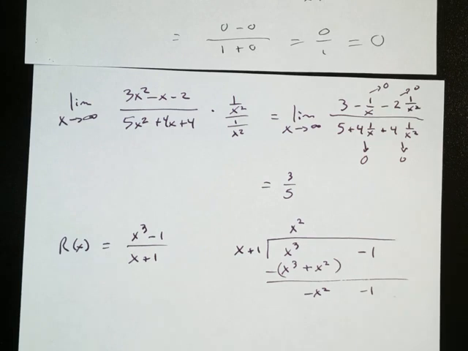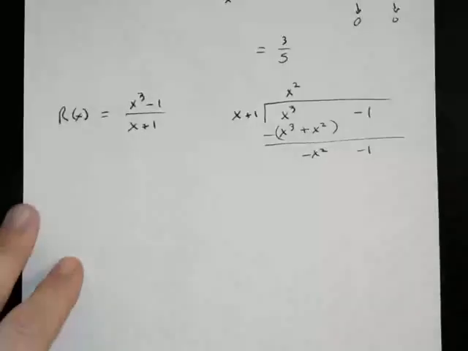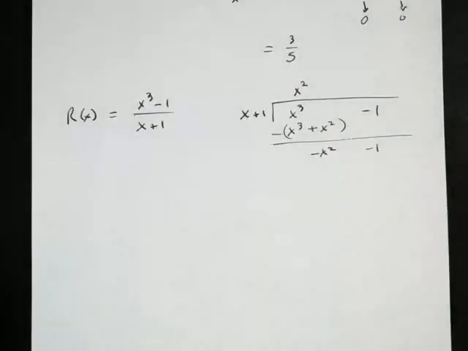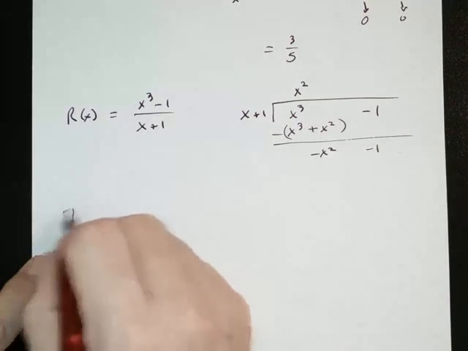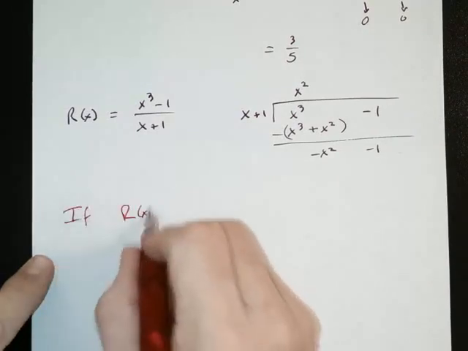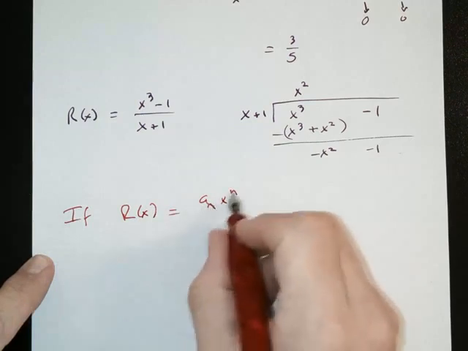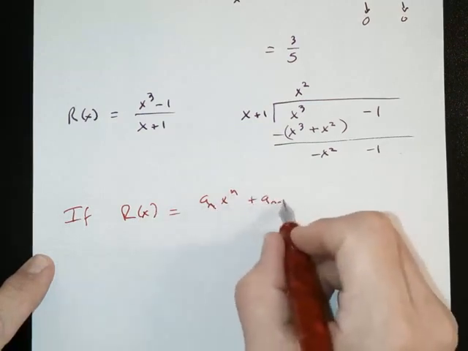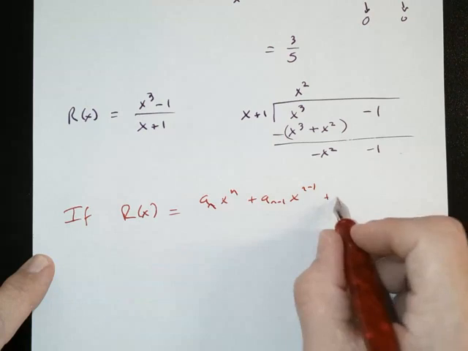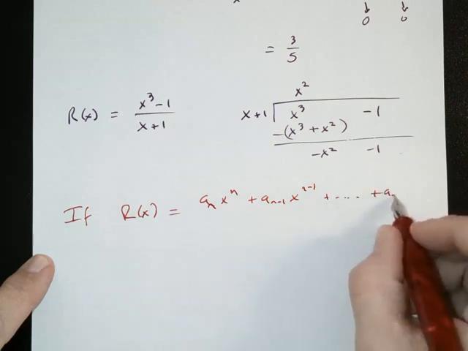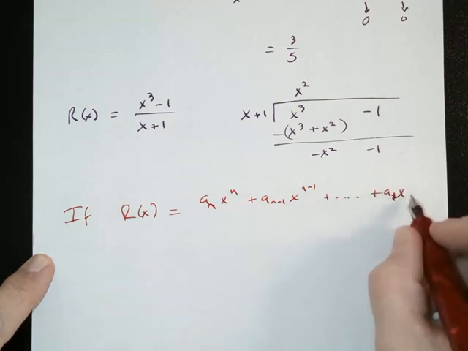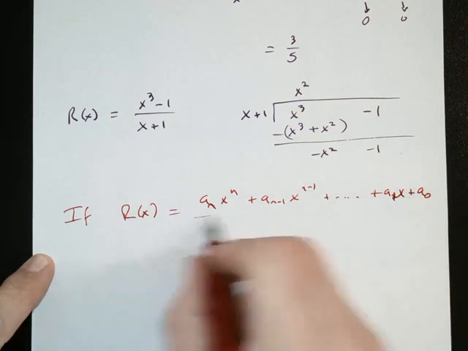So I'm going to write this out formally, which means I need to think of my rational function as polynomial over polynomial. If r of x equals a_n x to the n, a_(n-1) x to the n minus 1, dot, dot, dot, a_1 x plus a_0.